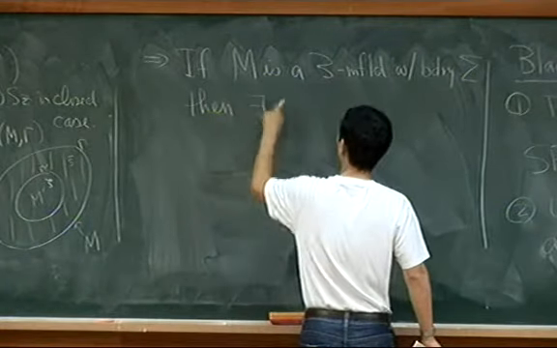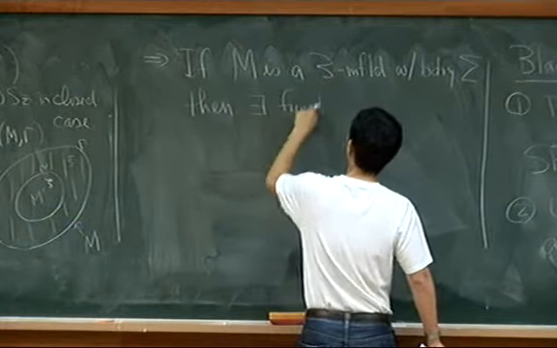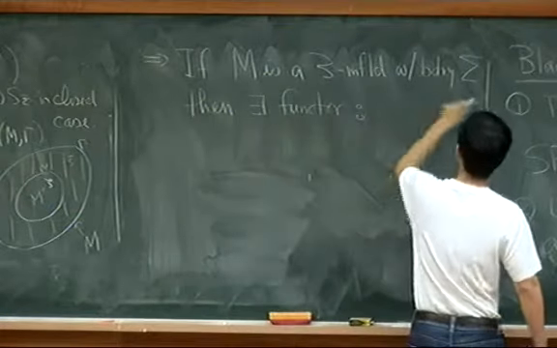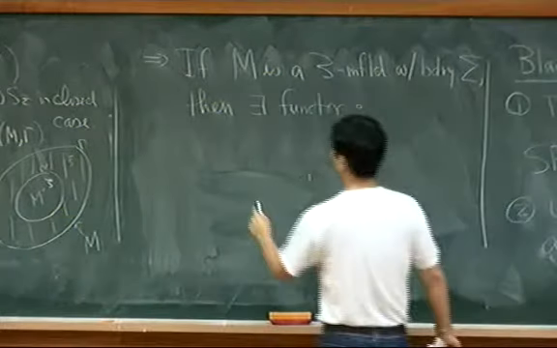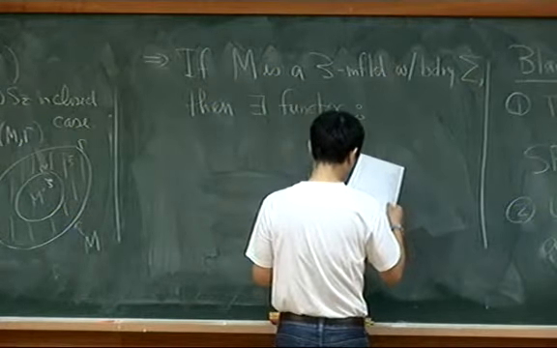there exists a functor, which, how do I want to write this?